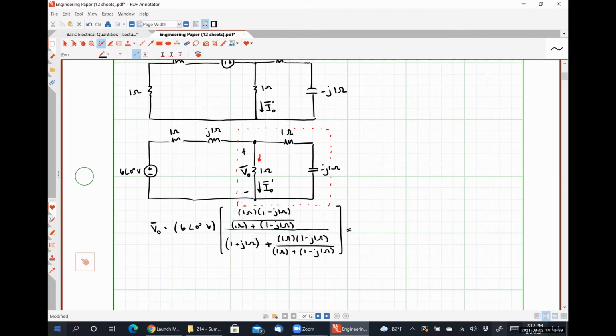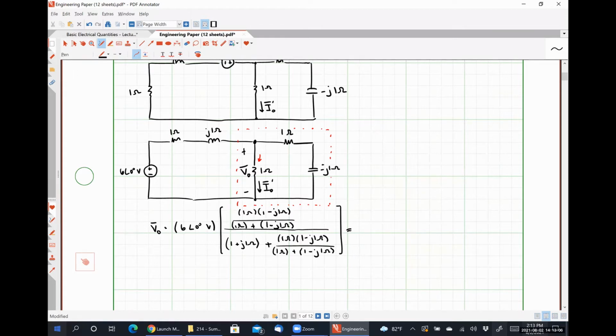let's type it into our calculator and see what comes out. So I have 6 angle 0, and I'm going to have 1 minus 1i in my numerator, and I'm going to have 2 minus 1i in my denominator of my first fraction.